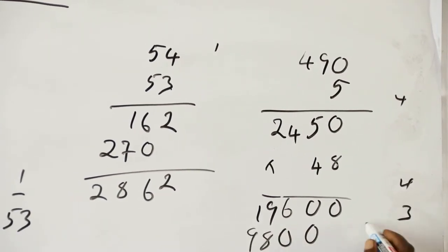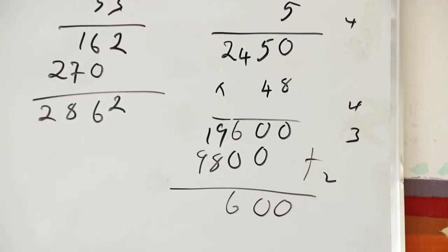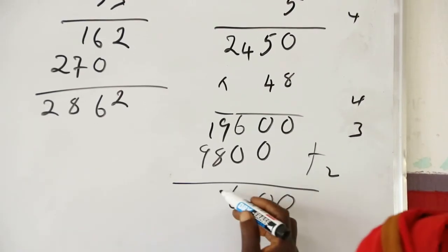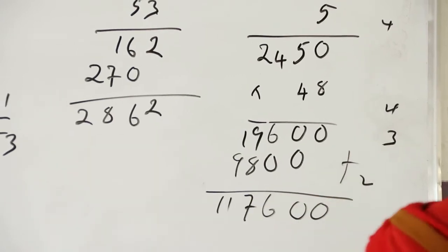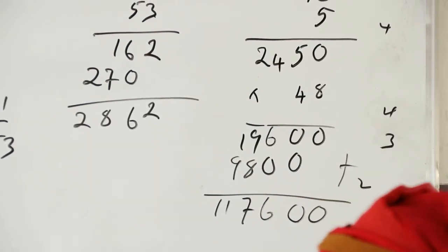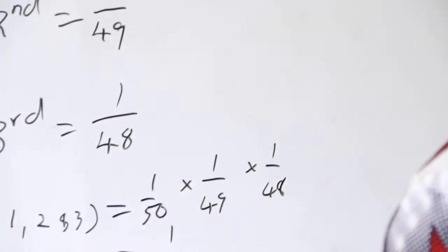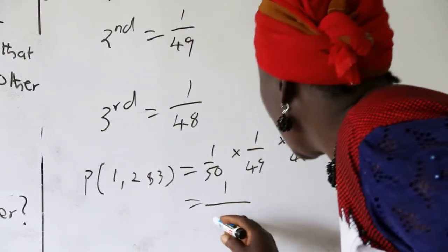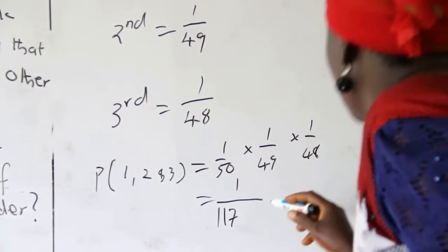So we add them: 0, 6, 9 plus 8 is 17, carry 1, we have 11. So our probability for this one will be 1 over 117,600.